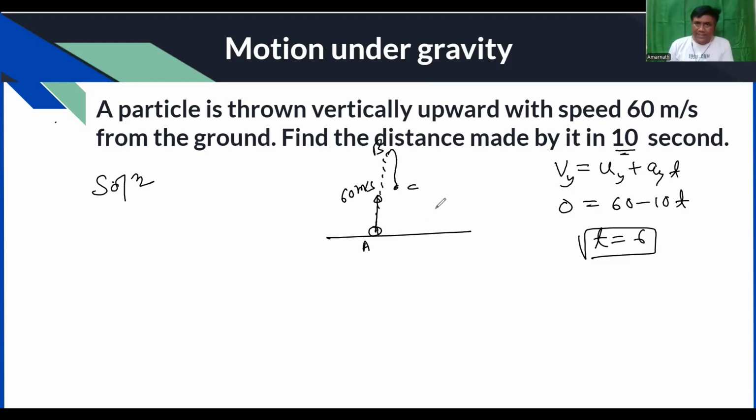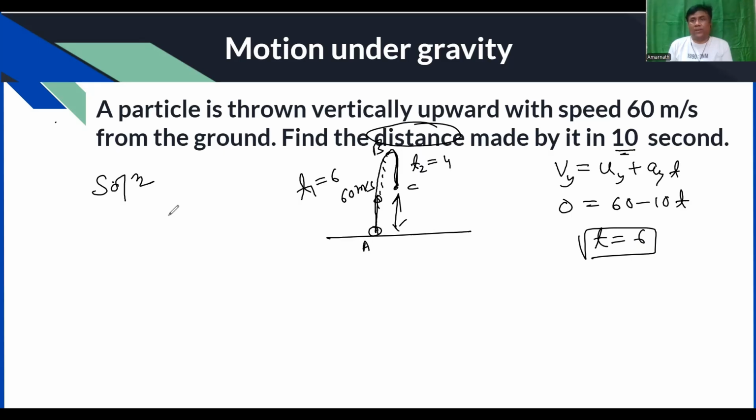But remember, I have given 10 seconds. It means 6 seconds it will go up and 4 seconds it will fall down. Okay. T2 will be 4 seconds. T1 will be 6 seconds. So as they are asking distance. Remember, displacement calculation is very easy.